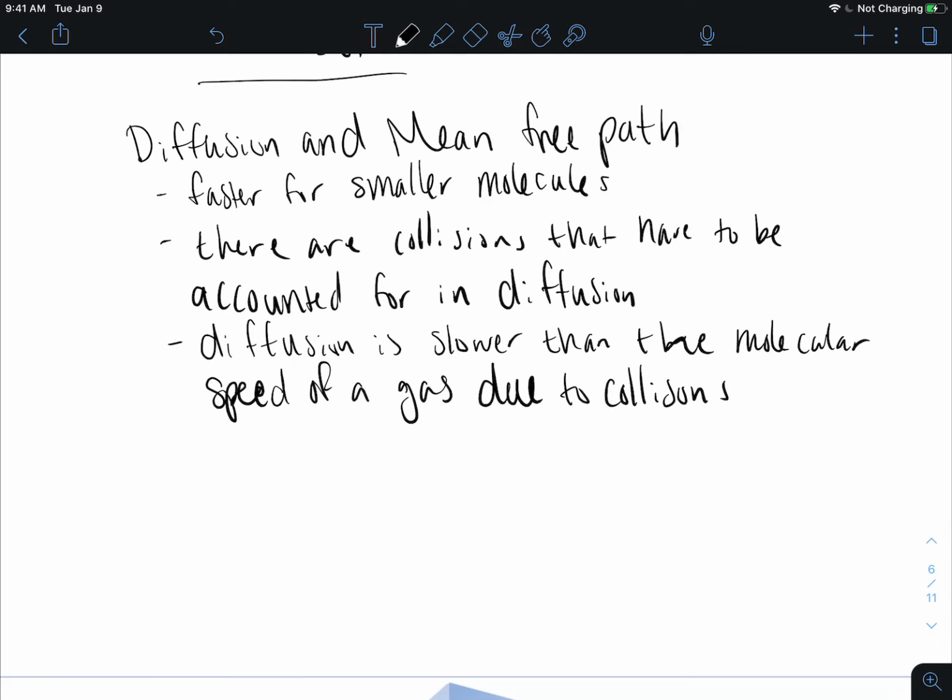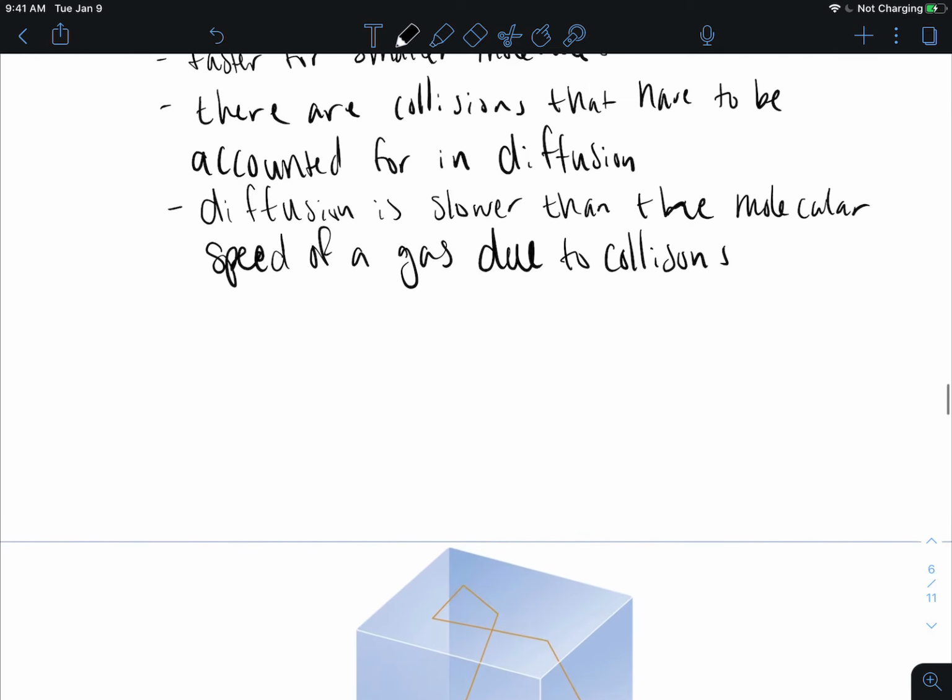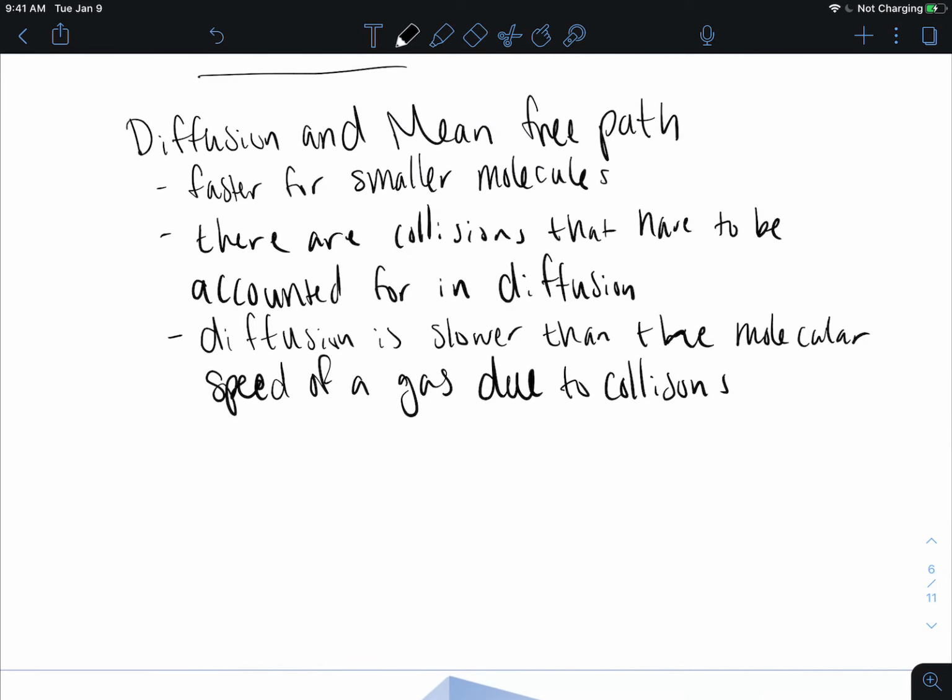That is going to affect what's called the mean free path, the average distance traveled by a molecule between collisions. Because of those collisions, the directions of the molecules are going to continuously change. When they hit, they're going to go into a different direction.